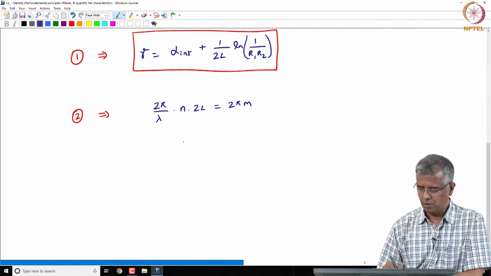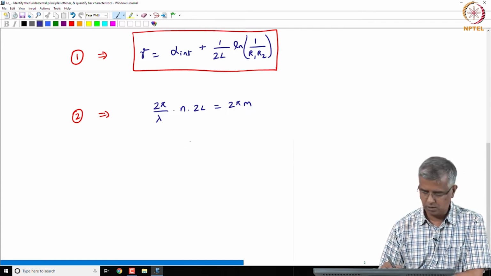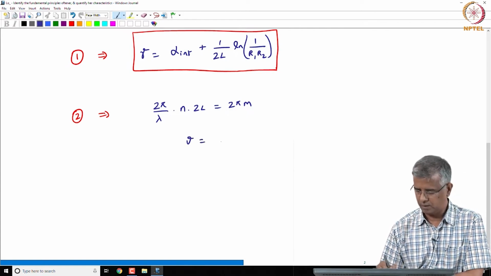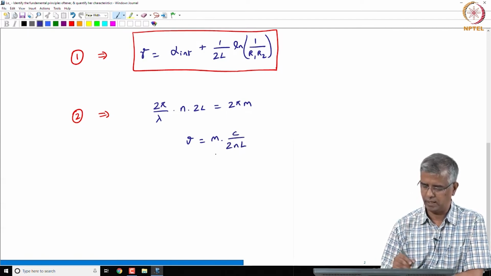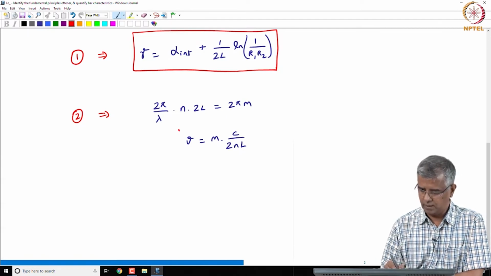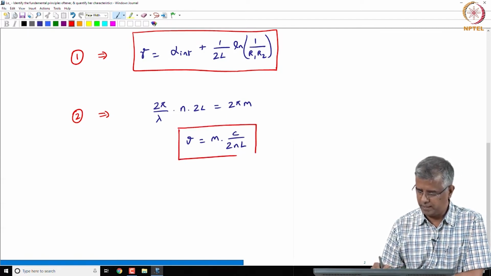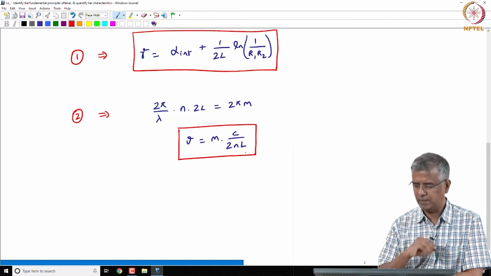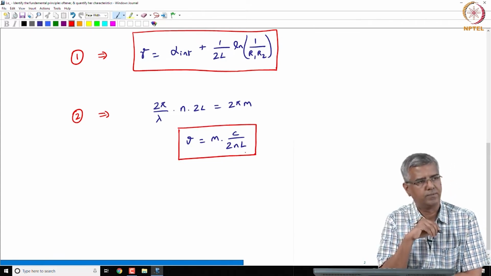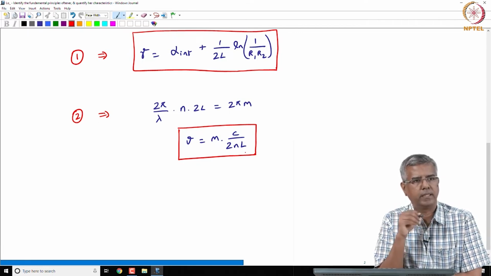Based on this you get the result that nu has to be equal to m into c over 2 times n L. So, there are only certain frequencies that can be sustained within that cavity.